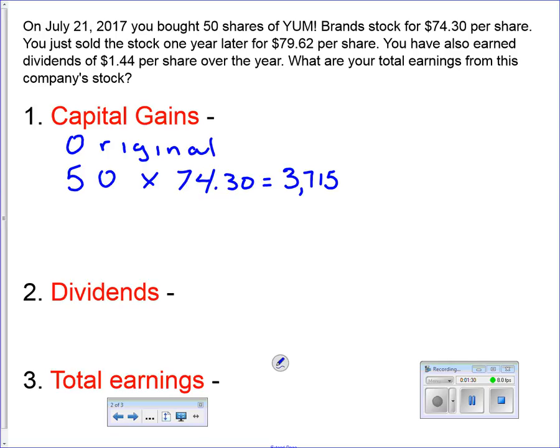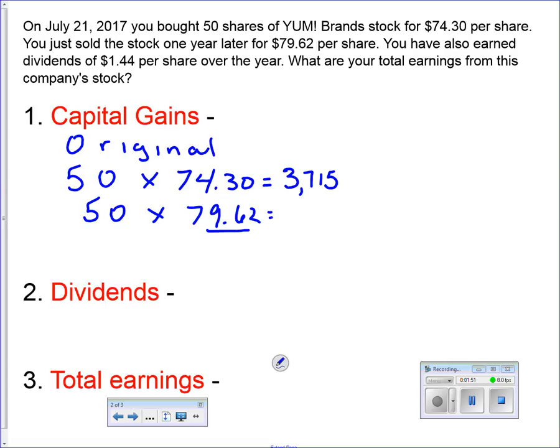Now you just sold the stock 1 year later for $79.62 per share. So we still have 50 shares, and we're going to multiply that by our selling price, $79.62. Already we know we've made money on it because we're selling it for more than what we bought it for.